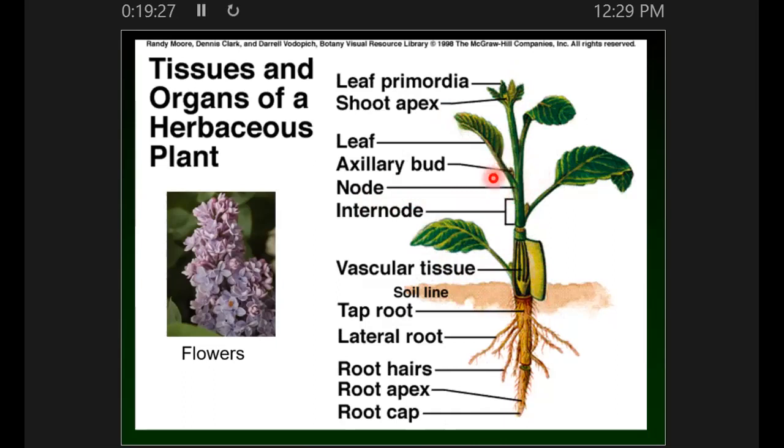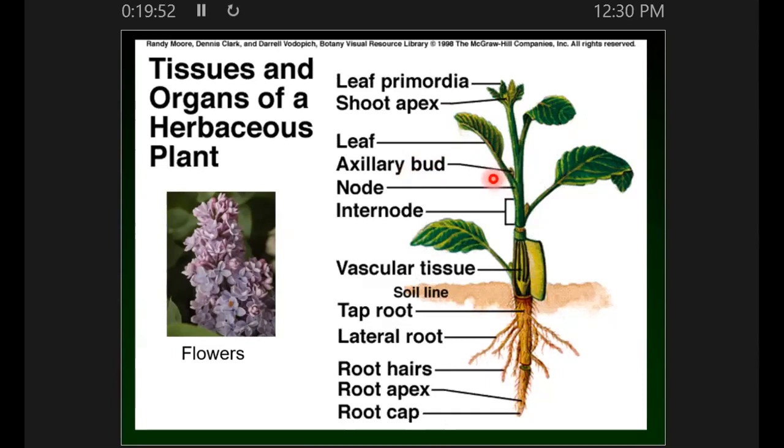Also noteworthy, when you look at the node region, you will typically find axillary buds. So I need you to know that term, axillary bud. The axillary bud is important because it's a site of active growth. Not continuous, though. Right now, this axillary bud is dormant.